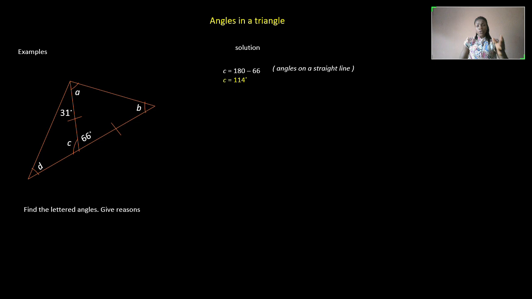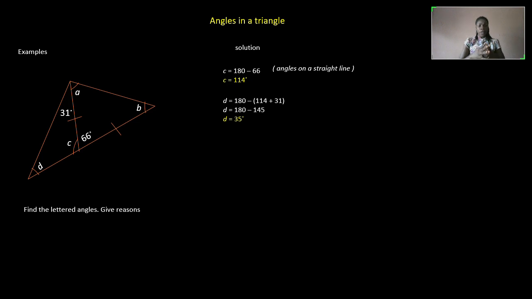So we are to add it to 31 and subtract it from 180 for us to be able to find our D. So our D is equal to 180 minus 114 plus 31. So D equals 180 minus 145. So our final answer for D is equal to 35.